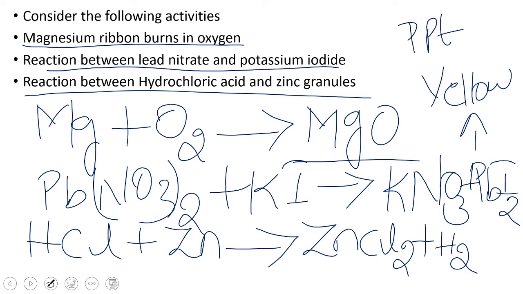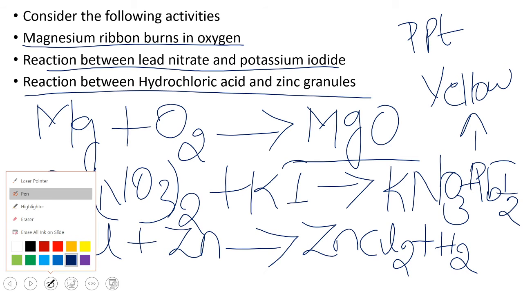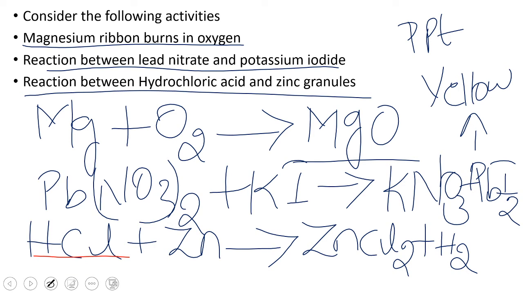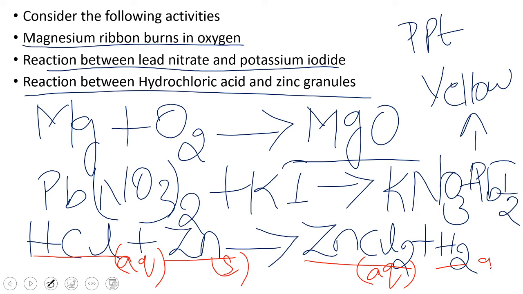For example, hydrochloric acid reacts with zinc to give zinc chloride and hydrogen gas. Here hydrochloric acid is aqueous and the zinc granules are solid, which give rise to zinc chloride aqueous and hydrogen, which is a gas. Gas is always represented by an upward arrow mark, right?